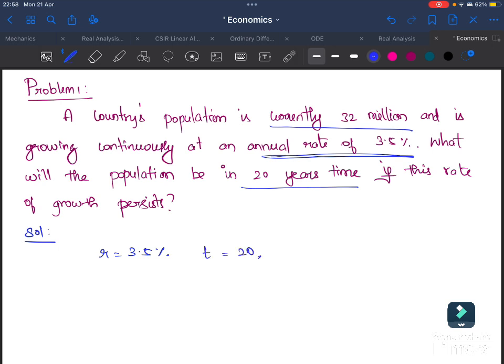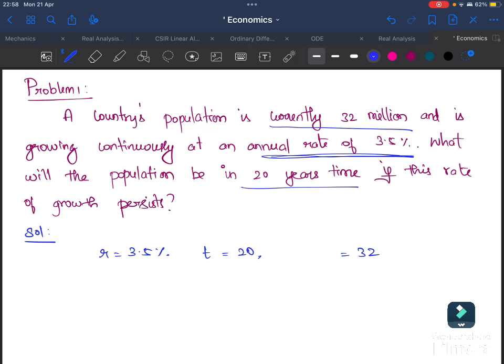Now coming to whether the given 32 million is a or y: a country's population is currently 32 million, and what will the population value be in 20 years of time? They are asking us what the population will be after 20 years. As I told you earlier, A will always be first and Y will always be last.